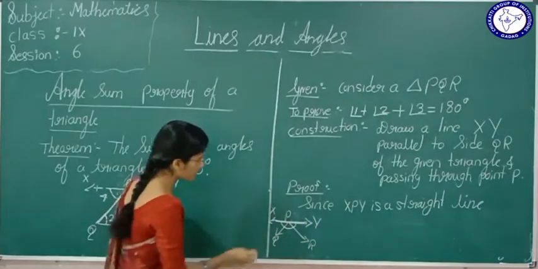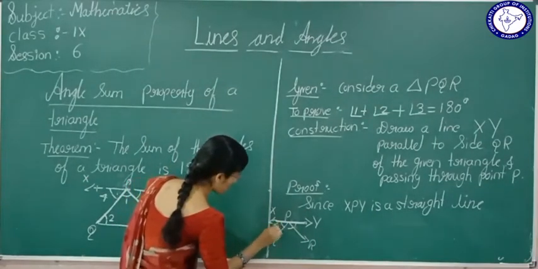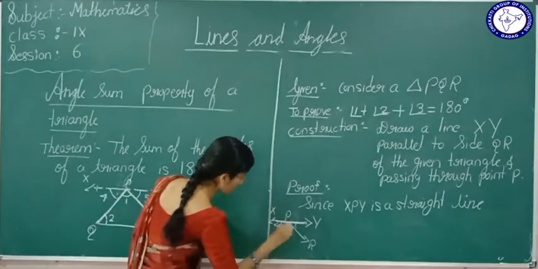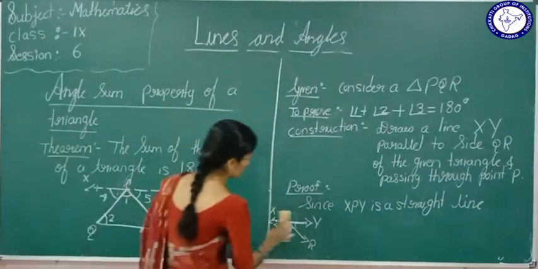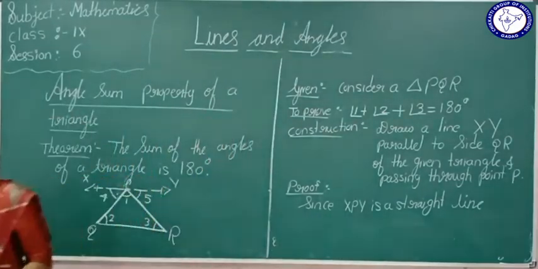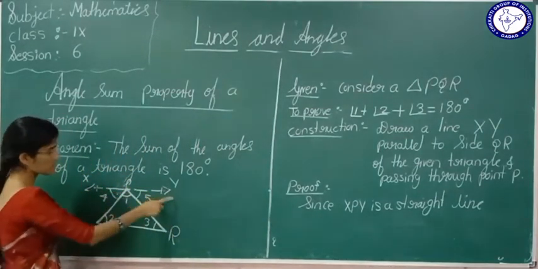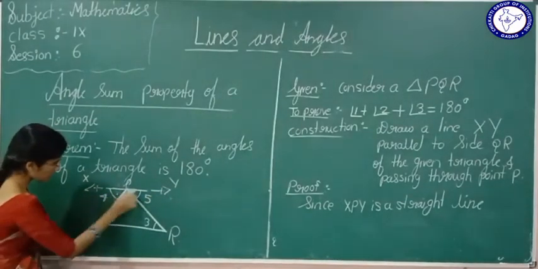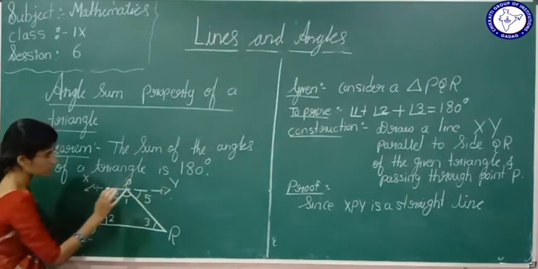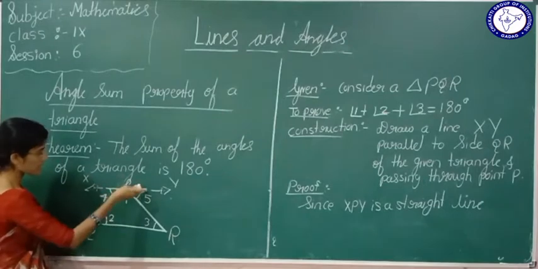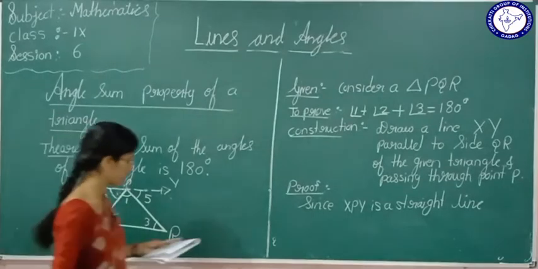So what we can tell here? See here, this is angle 4, we are given angle 1. Now see here, since XPY is a straight line, and in this straight line PQ and PR are standing on this line, definitely the full angle is going to be 180 degree.